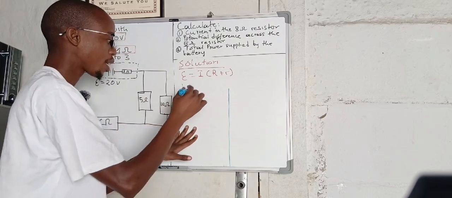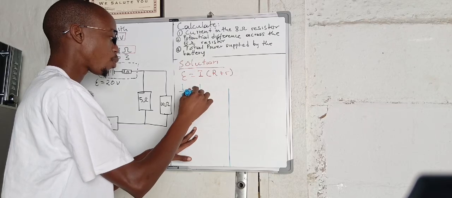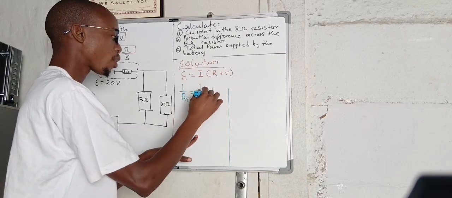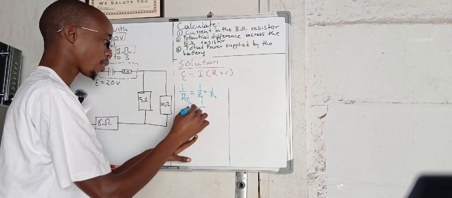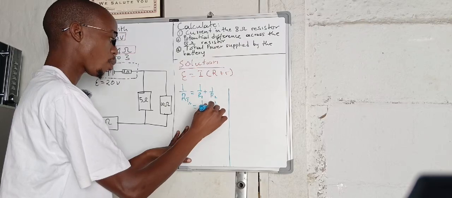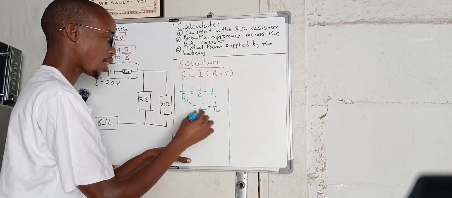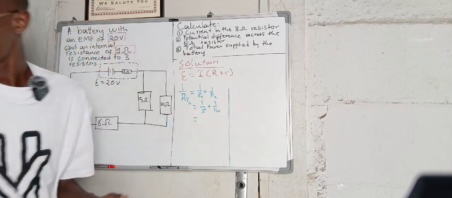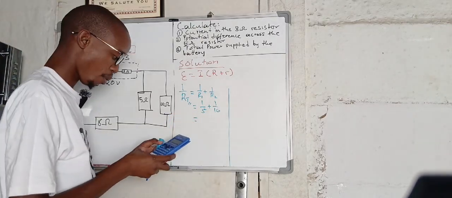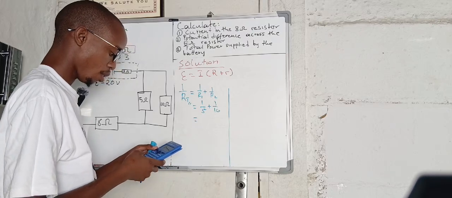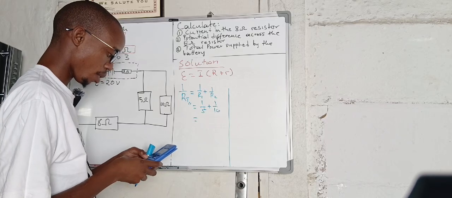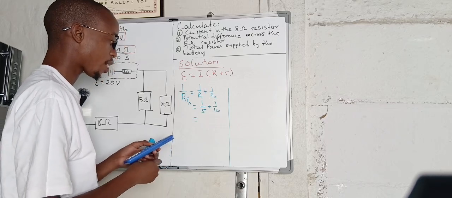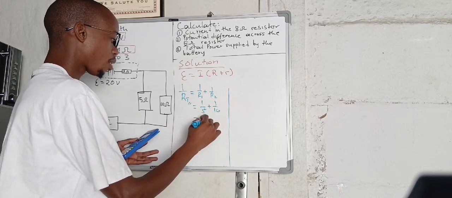1 over R total parallel is going to be 1 over R1 plus 1 over R2, which is going to be 1 over 5 plus 1 over 10. Let's use a calculator for 1 over 5 plus 1 over 10. It gives us 3 over 10.